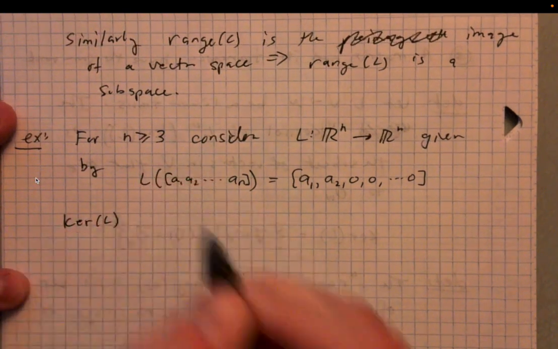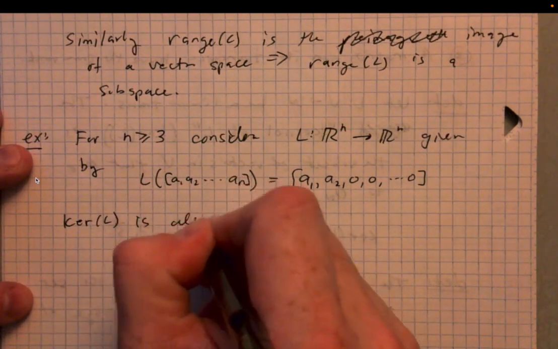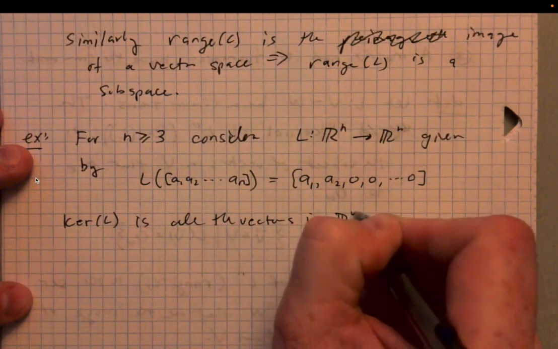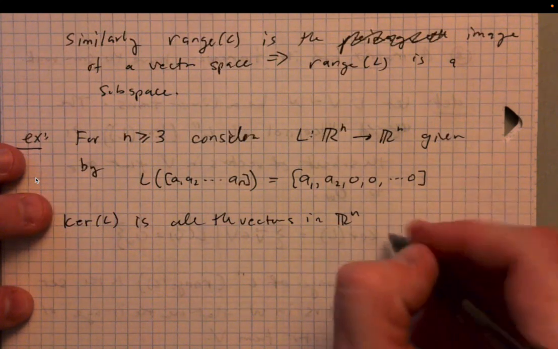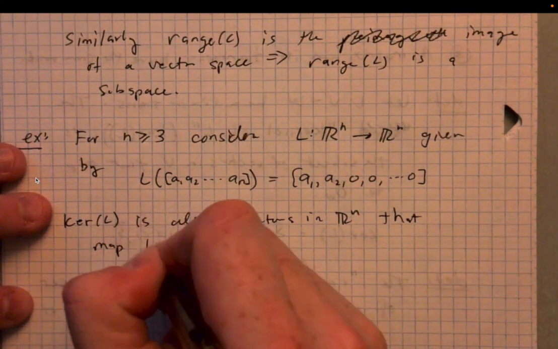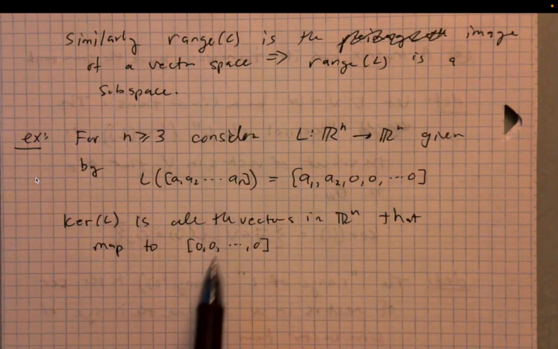The kernel of L is all the vectors in Rn that map to the zero vector.